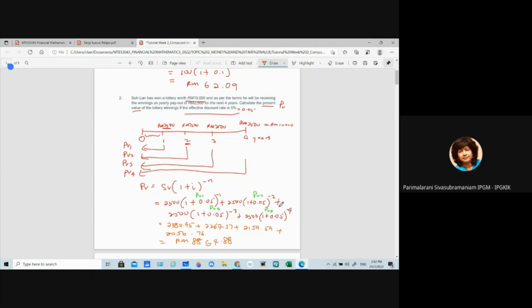So you can see that although Solan has won 10,000 today, he has been paid 2,500 over 4 years to make it look like he actually got 10,000, but the actual money that he got is only 8,864 because the value of the money has changed over the years. When we calculate it back to today's value, he only got this much money.